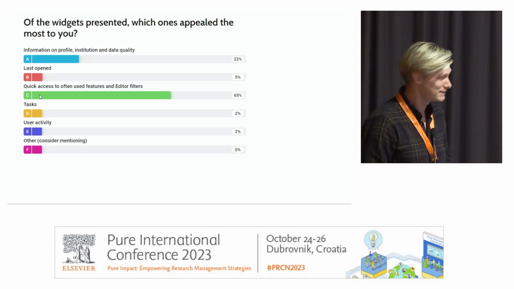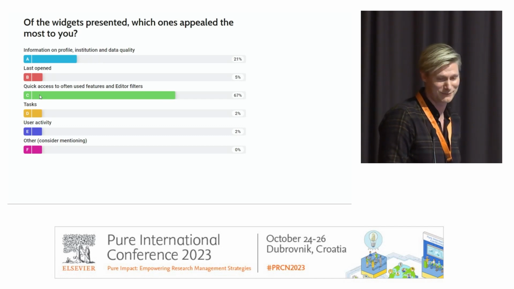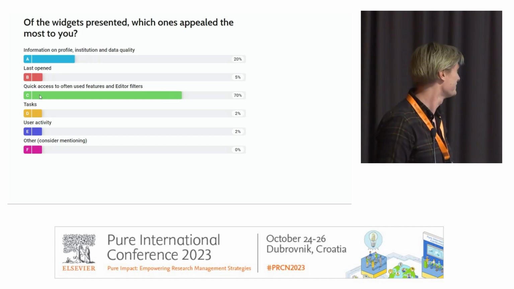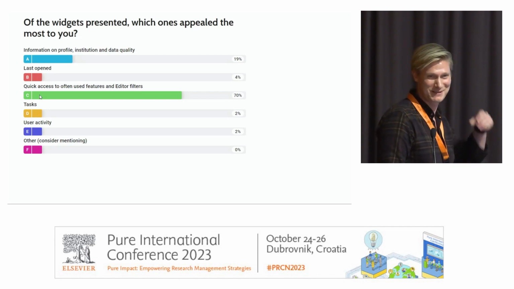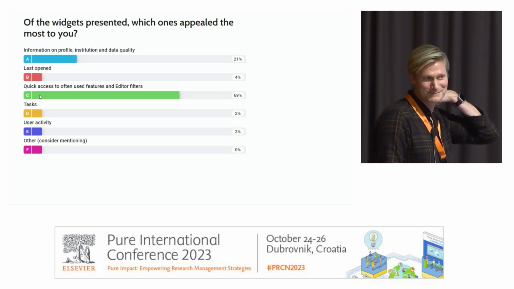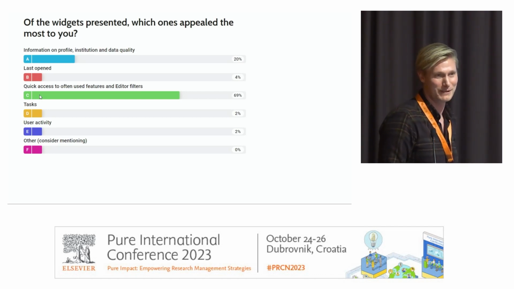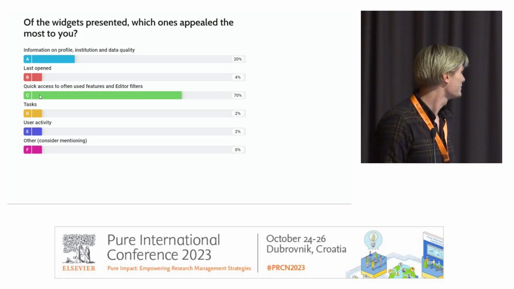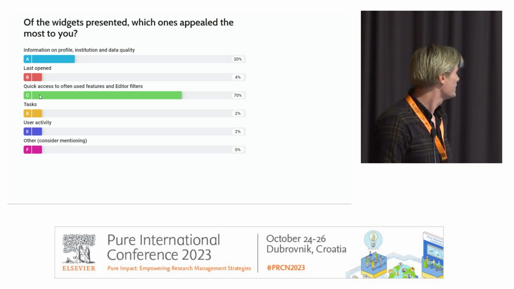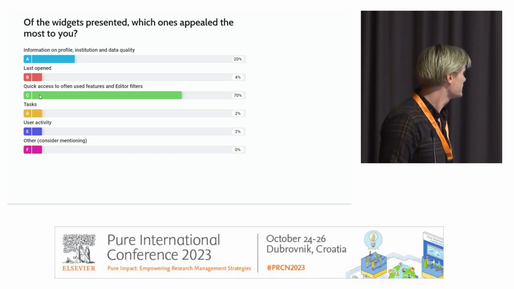Yeah, I see quick access to often used features and editor filters. Some of them I mashed together, and I wonder if it's the editor filters especially. We already have the big green add content button, so probably the editor filters. I'm assuming a bit here. Also, information on profile, institution, and data quality is quite high. It's good to know.